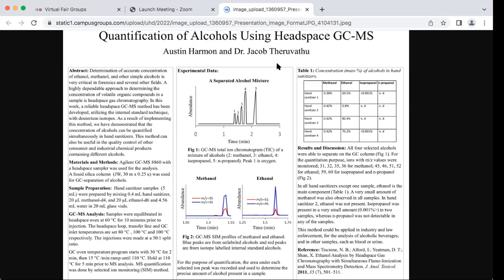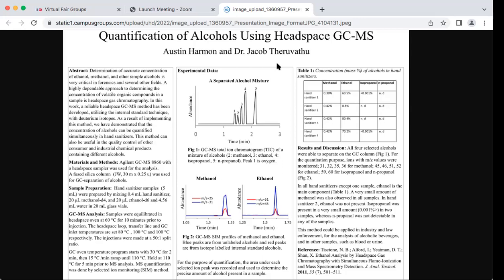So we mixed those 4 samples in one 20 milliliter Headspace vial, and then we placed that vial in a Headspace Sampler. What the Headspace Sampler is designed to do is just take the sample above the liquid part.